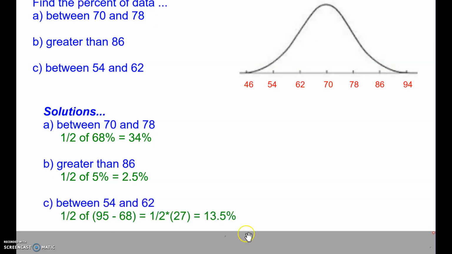So I want half of the 95 minus 68. 95 is what's in here between 54 and 86. That's 95% of my data. The 68 is what's between 62 and 78, 1 standard deviation. So I want half of 27, or 13.5% of the data.